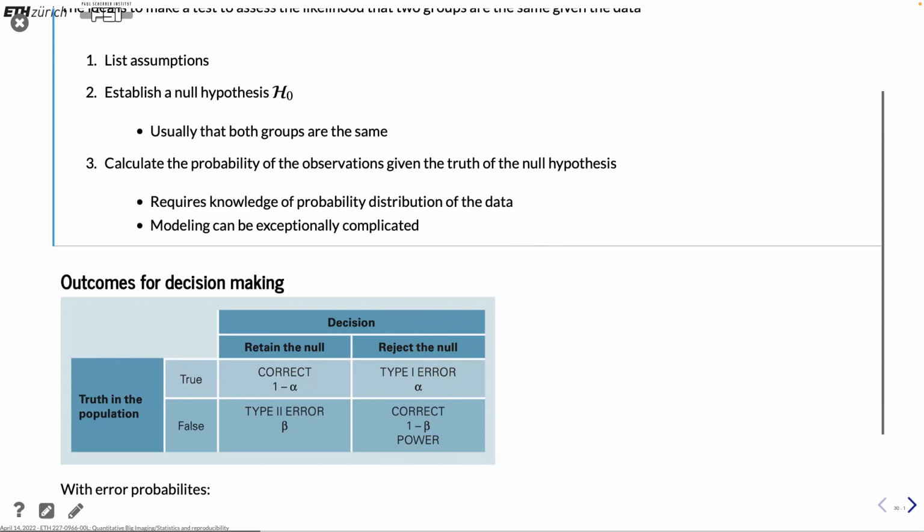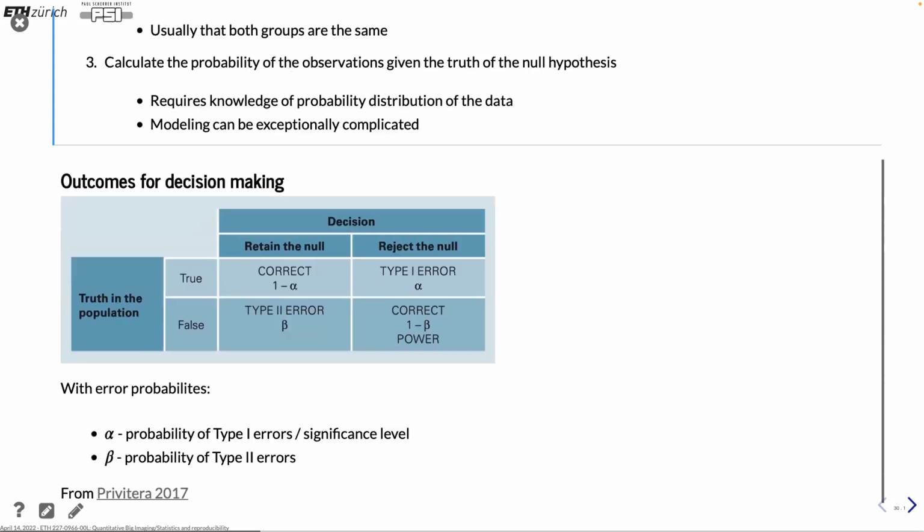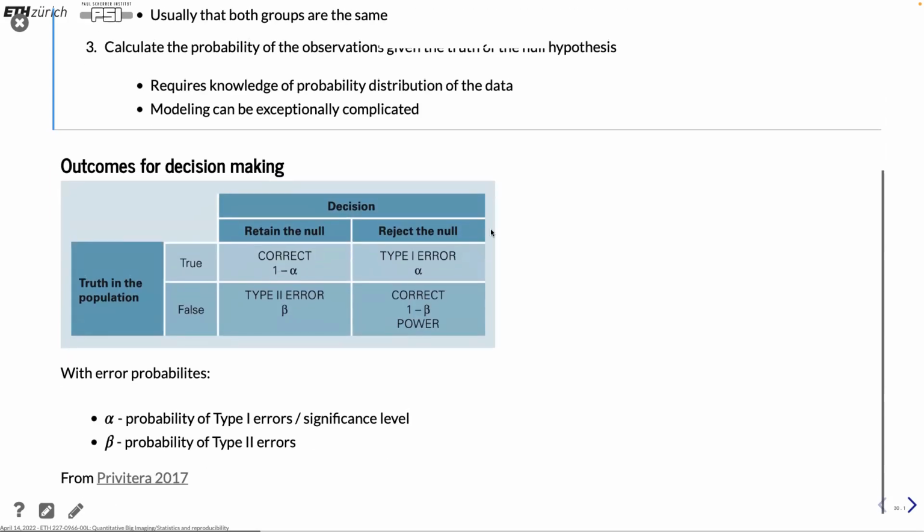In the other case, you can flip it, and then you have type 2 errors, where you retain the null hypothesis but actually you want to have it false. So then you have the other way around. And with probabilities, you also talk about alpha as the type 1 error rate or significance level. And that is a number that we will be talking about very much soon.